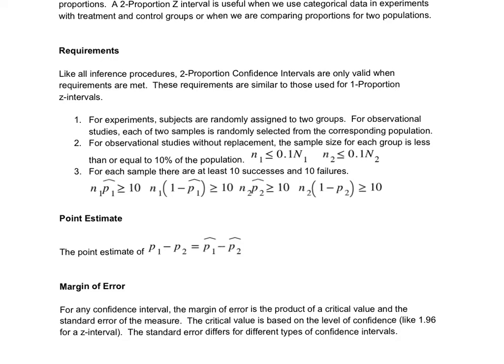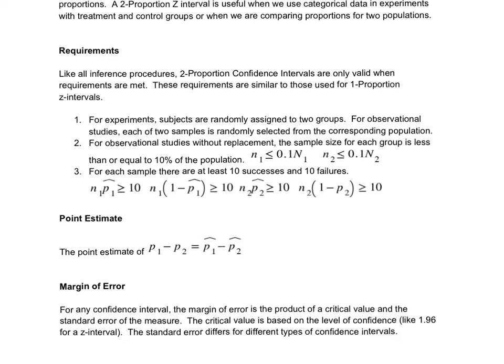And the second requirement is that you have to have at least 10 successes and 10 failures, but this time for both samples. So you do have to check N1 times p hat 1 is greater than or equal to 10, and N1 times q hat 1 is greater than 10.